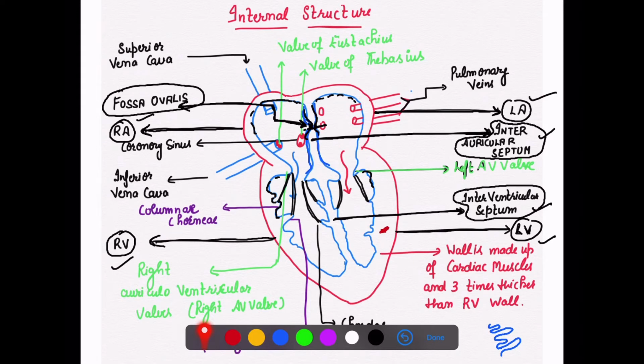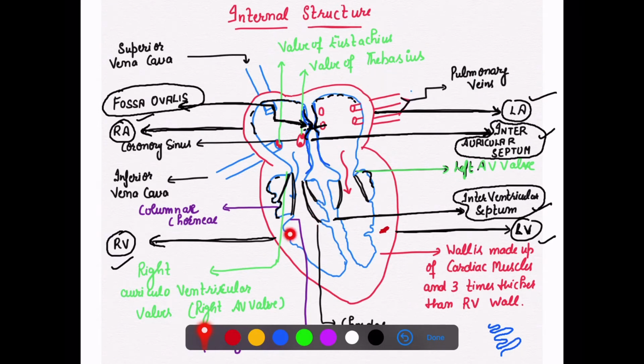Why? Because see, what is the function of auricles? To receive blood and to pump blood into ventricle. They do not have much pressure to perform. They are not under any kind of pressure, so they require less muscles. Then ventricle, this right ventricle, it passes the blood to lungs, right?